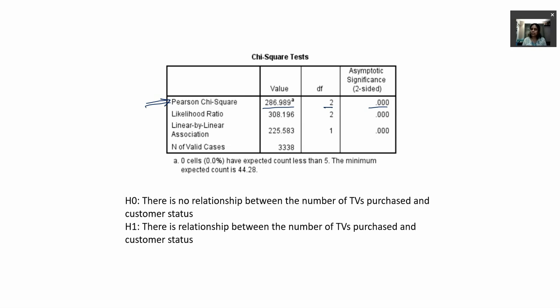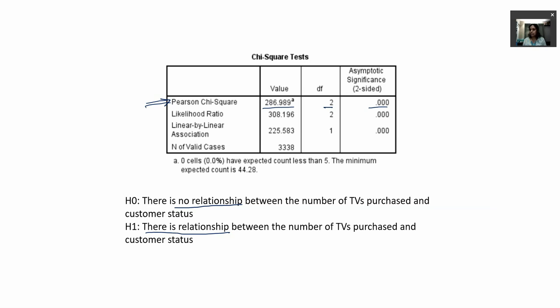And the alternate hypothesis is there is a relationship between the number of TVs purchased and customer status. So as you can see, null hypothesis is always stating that there is no effect. So here we say no relationship. Whereas the alternate hypothesis is the one that we try to prove, that there is a relationship, there is an effect. So this is how we write the null and the alternate hypothesis for our case.